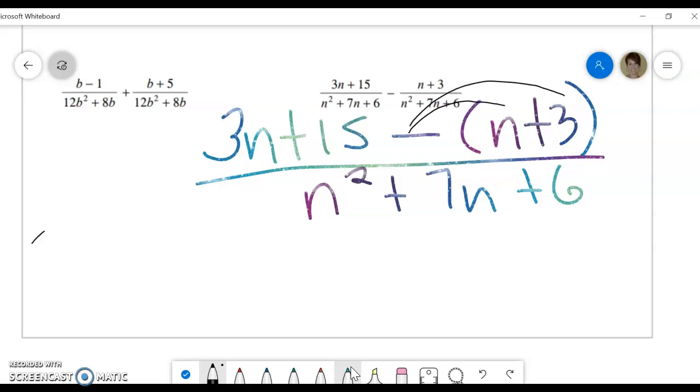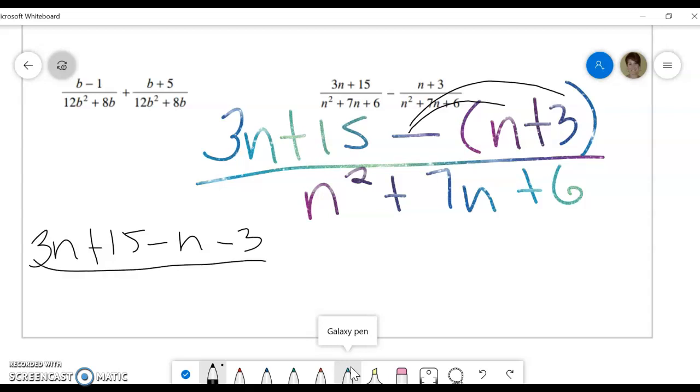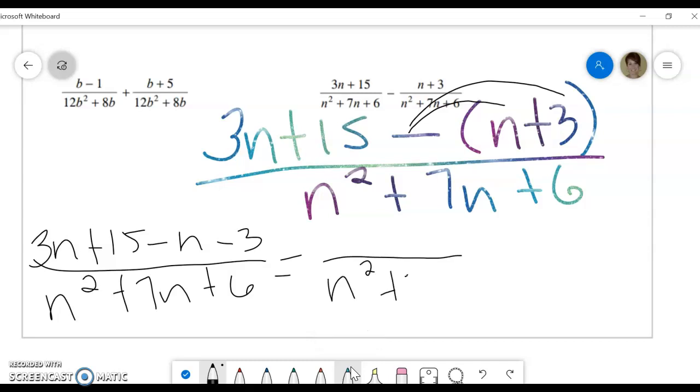So that means we have 3n plus 15 minus n minus 3, and I can subtract all that because our denominator was the same for the two fractions. So I'm going to write that denominator again. It's not really difficult, it's just a lot to keep organized.